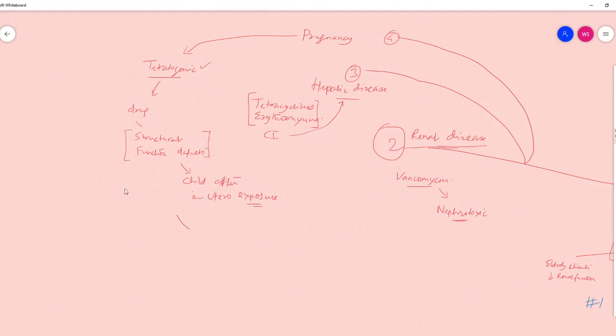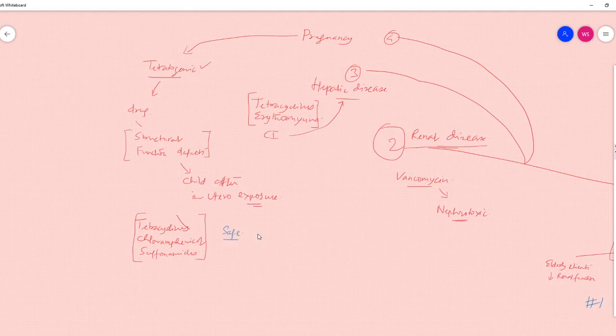Certain antibiotics are teratogenic, like tetracyclines, chloramphenicol, sulfonamides. These drugs are teratogenic, so they are not the ideal drugs to be given to a patient who is pregnant. So what are the safe drugs then? Are there any safe drugs that can be given in pregnancy?